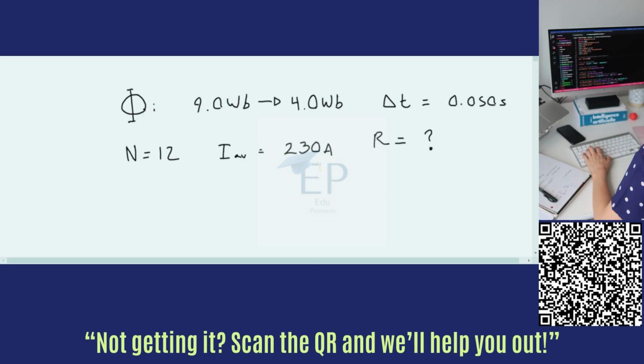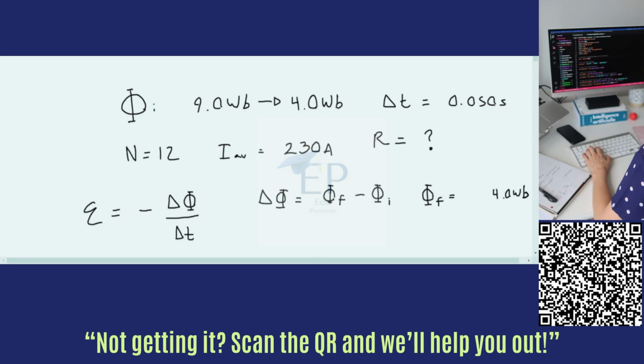All right. So if we recall that Faraday's law of induction states that the induced EMF is just going to be equal to the change in flux through our loop over the change in time. So our change in flux can be written out as the final flux minus the initial flux, where our final flux is just going to be 4 Webers for a single loop.